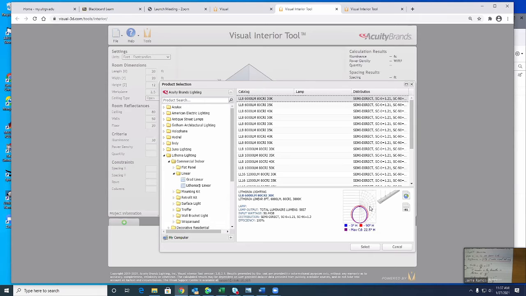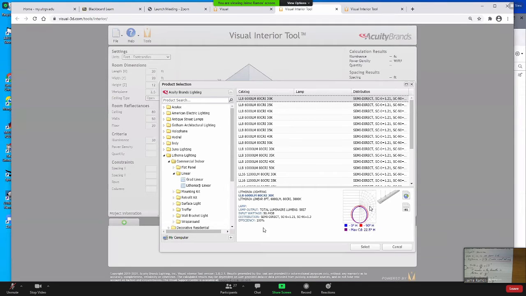Next, if you read carefully, you can see that it's 6,000 lumens, 80 CRI, that's the color rendition index, 3000 K, that's the color temperature. So this is rather a cold white.